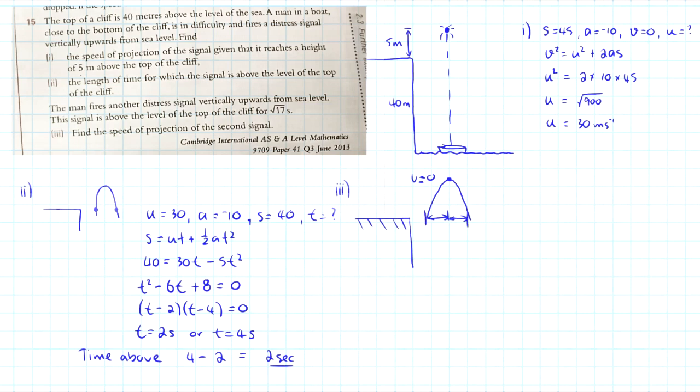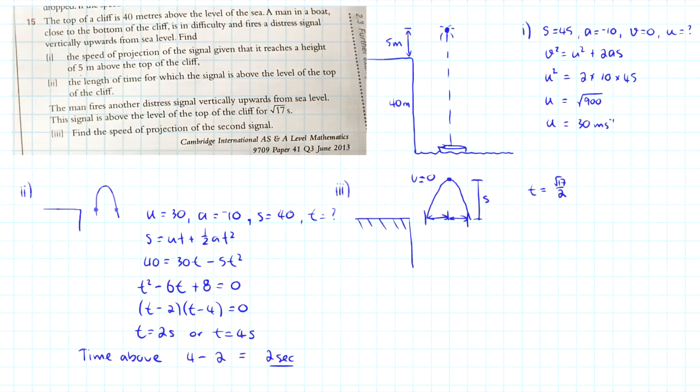So it's going to be extremely beneficial for us to work out, well, what's the height above the cliff that it actually reaches? And we can do that by saying, that's what we want to find, the displacement. The time for this displacement is going to be root 17 on 2. Half of the time above the cliff it's going to be falling, and half of the time it's going to be going upwards.